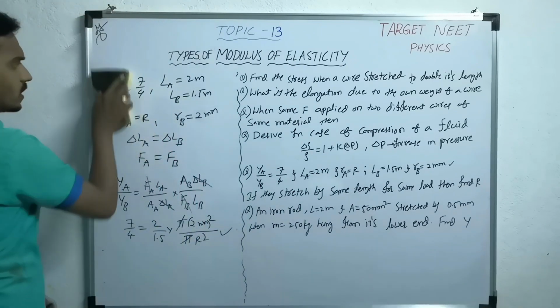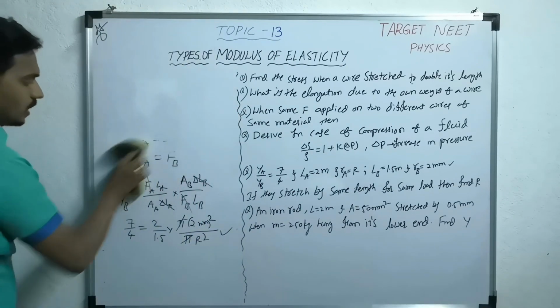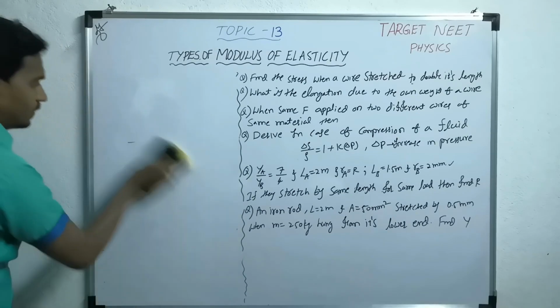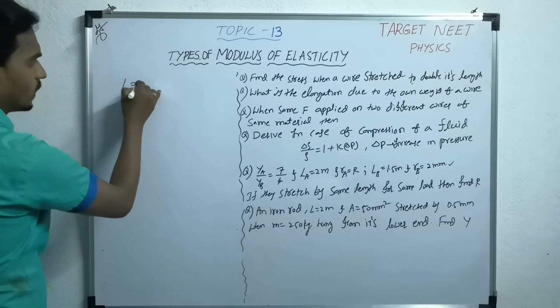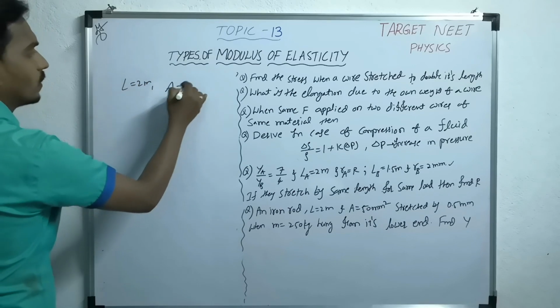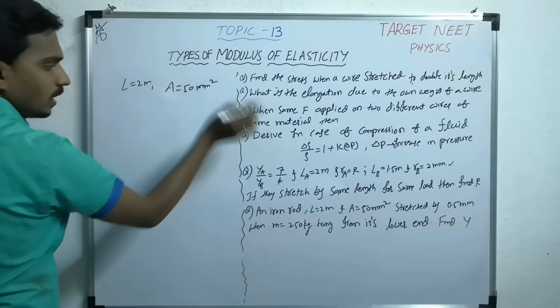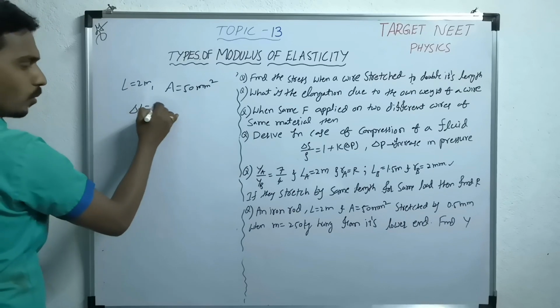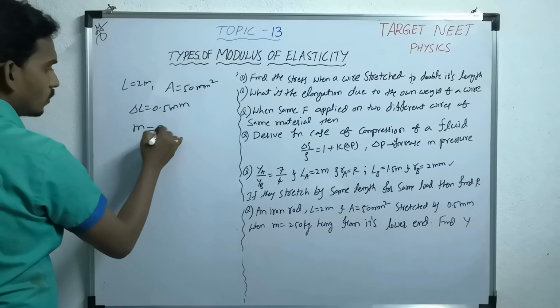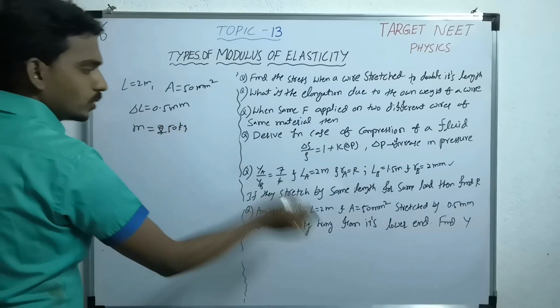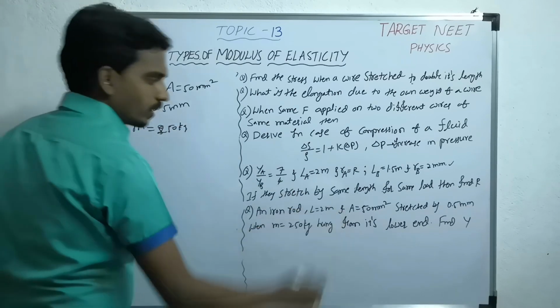And sometimes very simple questions also they can ask, like here the question: they have given length 2 meter, area 50 millimeter square, stretch by 0.5 millimeter, and mass is 250 kg hanging from its lower end.